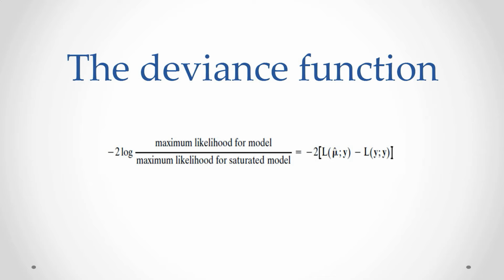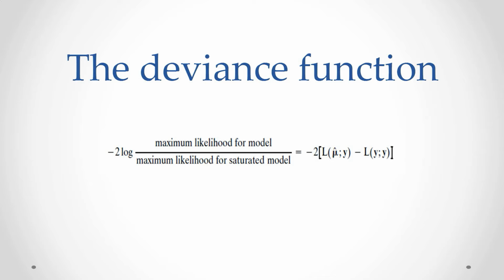My deviance function is thus defined as minus twice log the maximum likelihood for the model, my fitted model that is, divided by the maximum likelihood for something called a saturated model, equal to minus 2 times L of mu hat, y minus L of y.